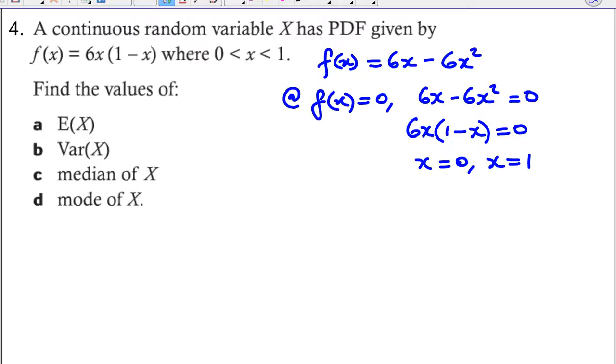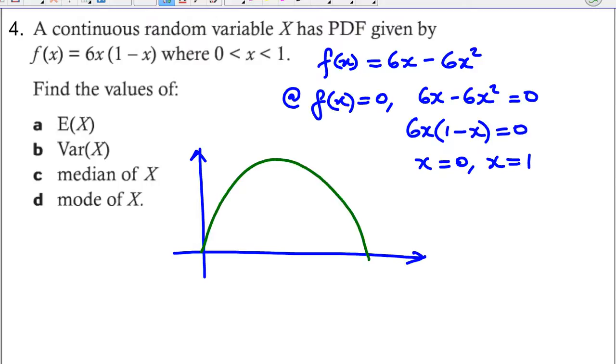Good. Which means that if we sketch this function, it will look something like this. It will look something like that. So it's basically a function that's symmetrical.